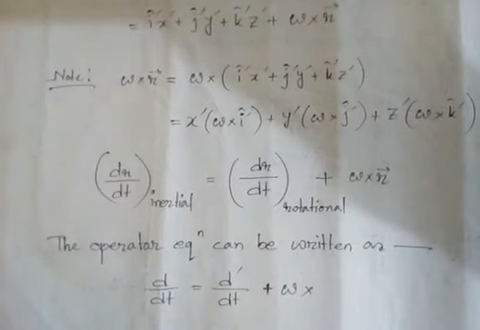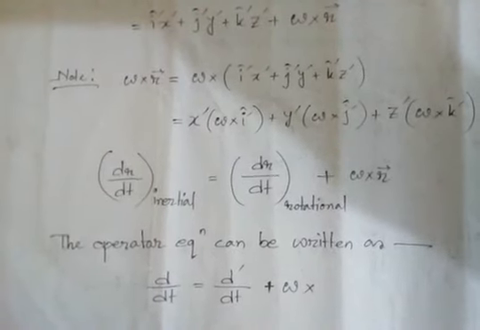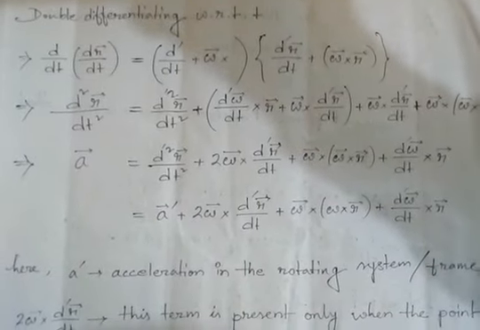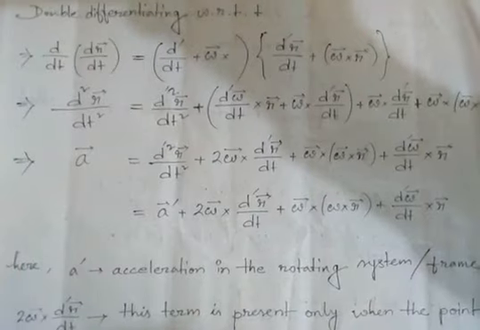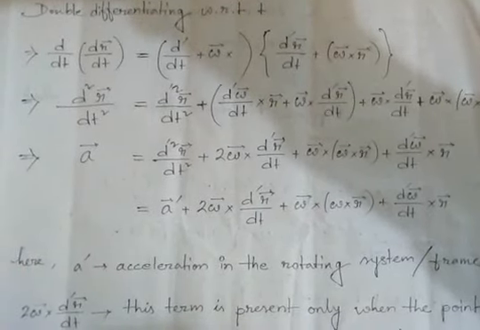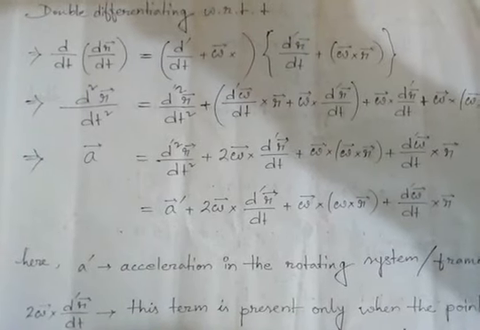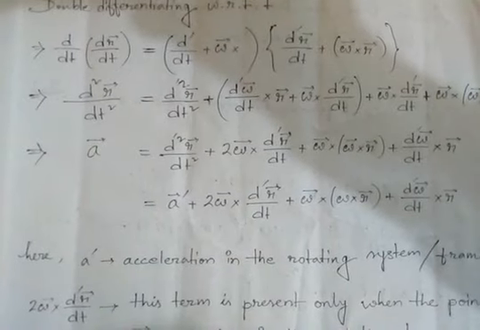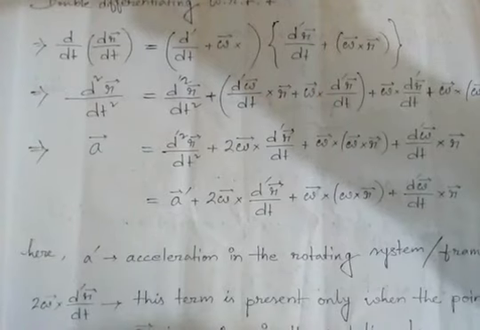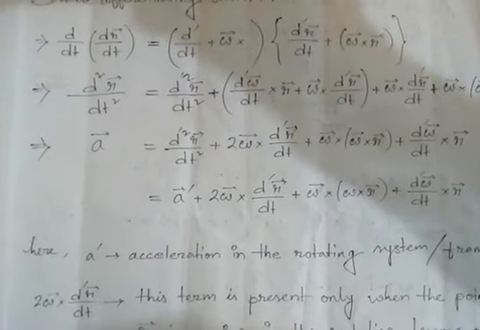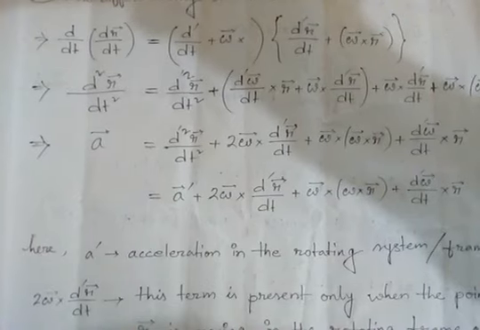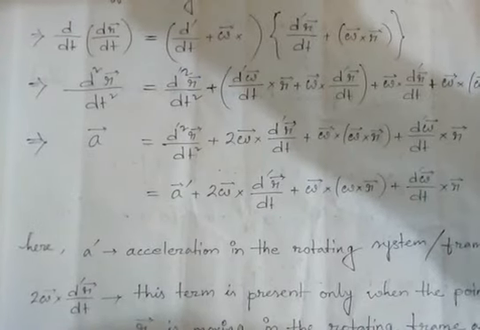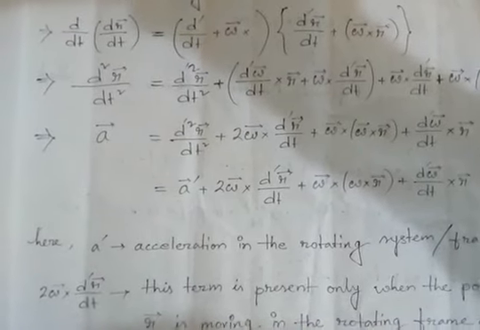By removing the r vector from the above expression and double differentiating with respect to time, we get acceleration. So a equal to a dash plus twice omega cross d dash r by dt plus omega cross within whole bracket omega cross r plus d omega by dt cross r.